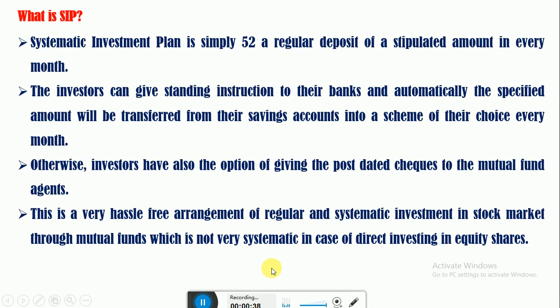SIP is nothing but a regular deposit scheme where we can transfer a stipulated amount of money into a mutual fund scheme which we have selected. Every month a small amount will be transferred from our savings bank account to that particular scheme, and for that we may give a standing instruction to the banker to transfer a certain amount of money to a particular mutual fund scheme.